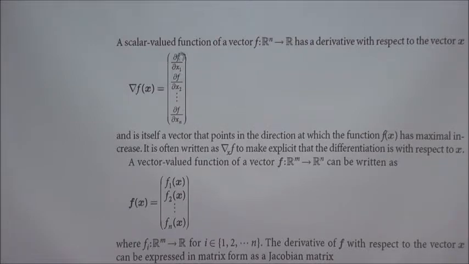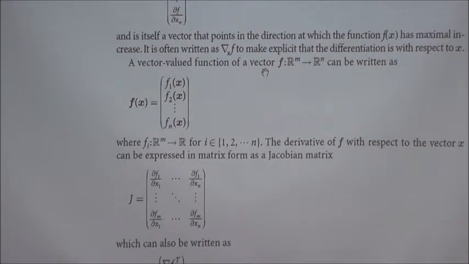Each element of that vector is a partial derivative with respect to x1, x2, all the way to xn. So remember that: a scalar function, when you take one derivative, becomes a vector. If you take two derivatives, it becomes what? A matrix. The second derivative becomes a matrix.